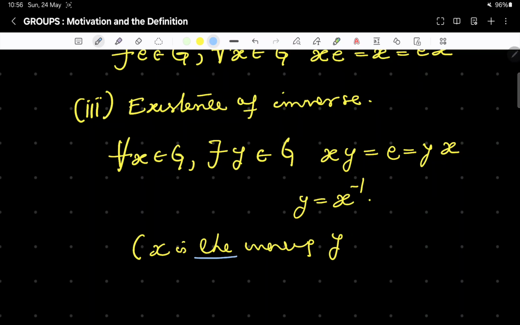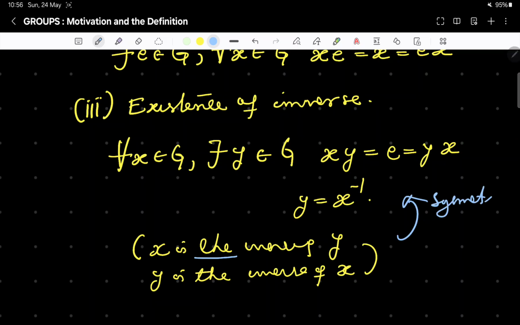So please mark this, because we need to prove whether they are unique or not. Anyway, I am telling you, if x is the inverse of y, then y is the inverse of x, because of the symmetry in the definition.